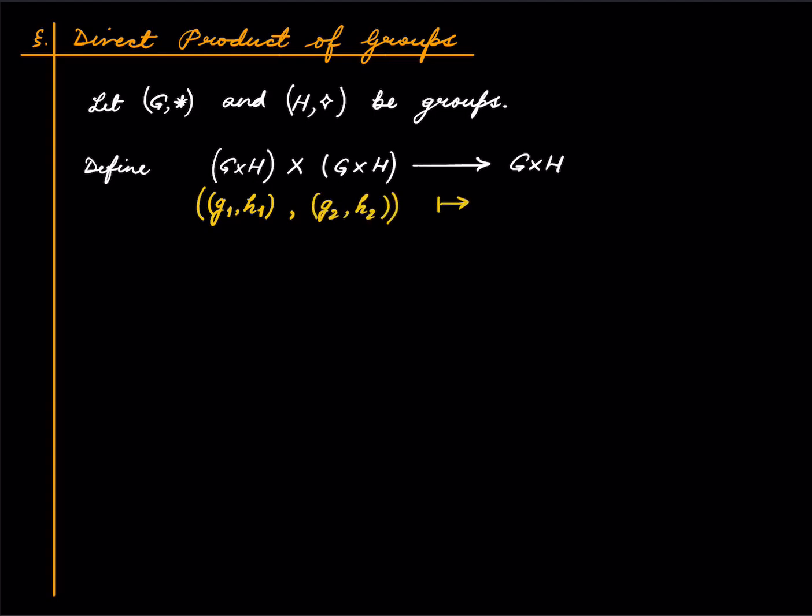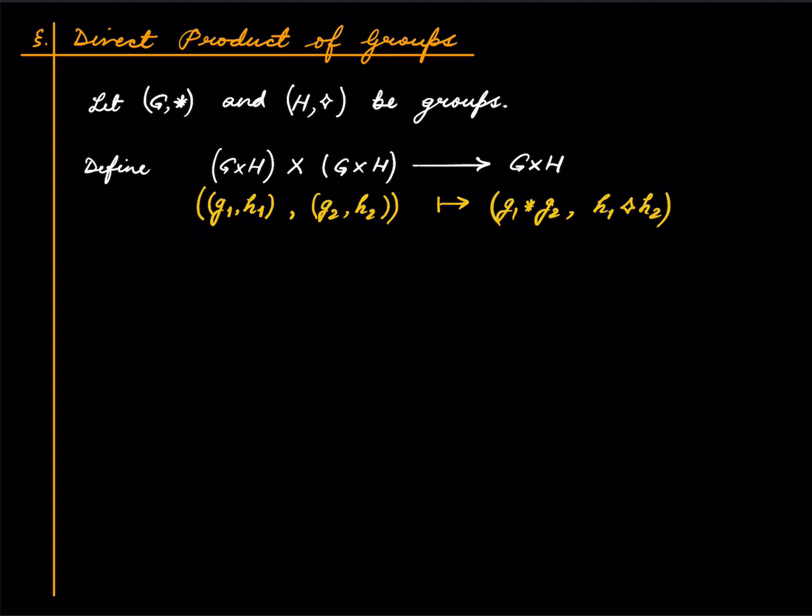And we send it to (G1 star G2, H1 diamond H2). So this is the binary operation.